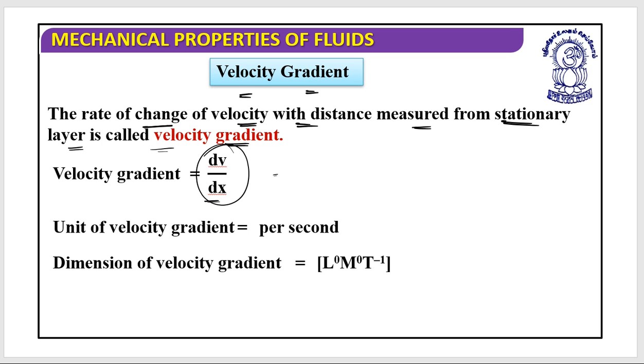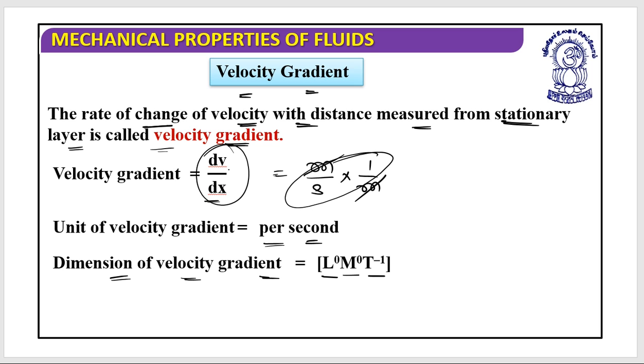Taking units, velocity is meter per second and x is meter, so the meter cancels and only 1 by second is left, that is per second. So the dimension of velocity gradient is M0 L0 T to the power minus 1. This is velocity gradient. I hope this is clear.